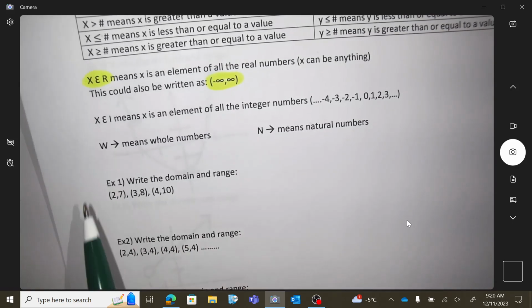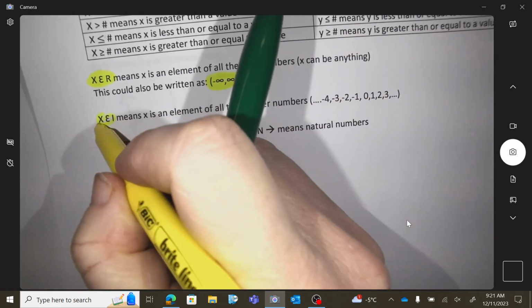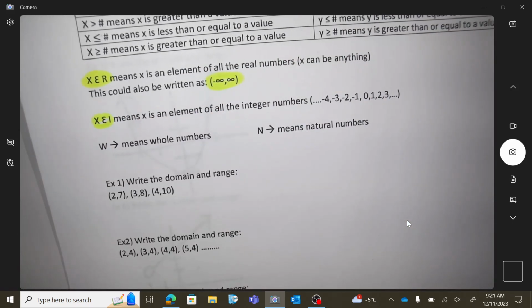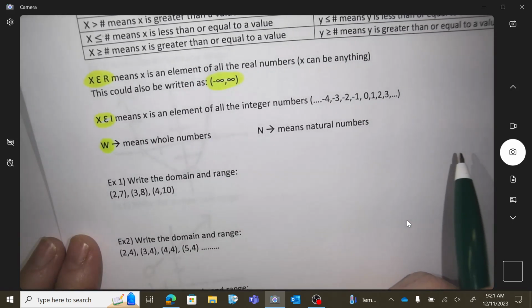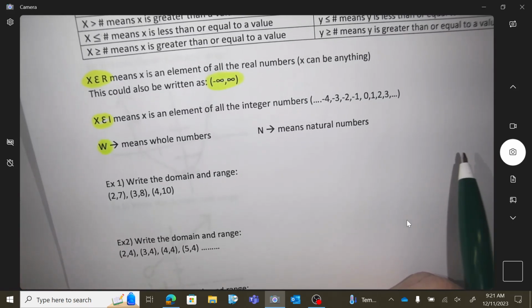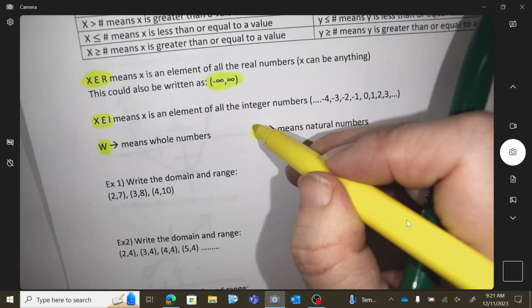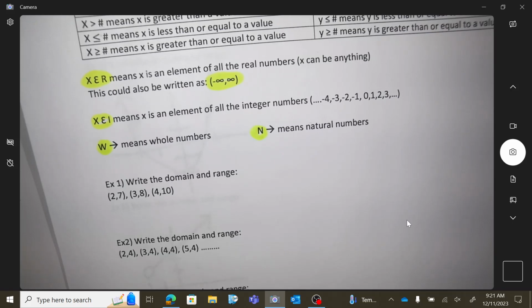Okay, so if I have this, it means x is an element of I, which is integer numbers. So we've talked about integer numbers. Those are your negatives, your zeros, and your positives. We've talked about whole numbers, 0, 1, 2, 3, 4, etc. And we've talked about natural numbers, 1, 2, 3, 4, etc.